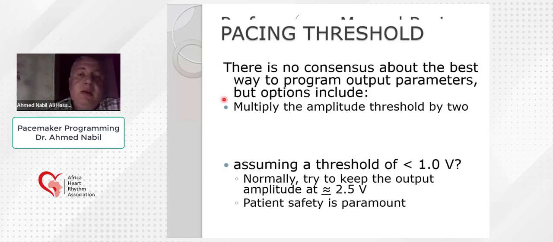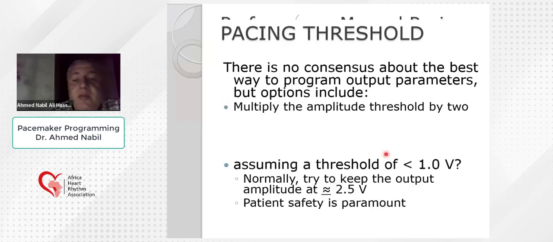Usually, we multiply the pacing threshold by 2, so we adjust the pacing amplitude to double the pacing threshold. For example, if the pacing threshold is 1.5 volts at 0.5 or 0.4 milliseconds, I adjust the pacing amplitude to 3 volts, double the 1.5.